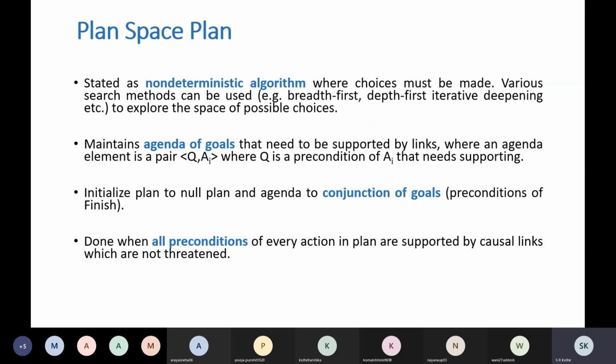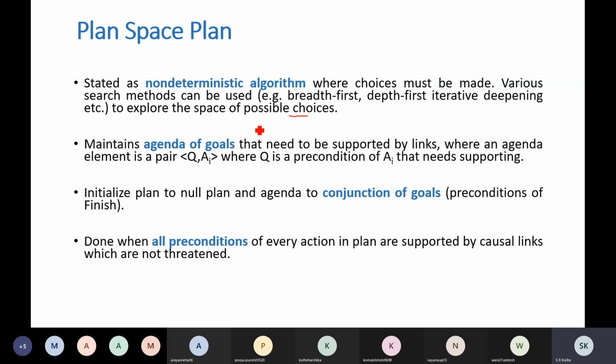So in general now, TOP is a non-deterministic algorithm where the choices are made. Various search methods you can use for its implementation, like breadth first search, depth first, or iterative deepening DFS, to explore the space of possible choices.